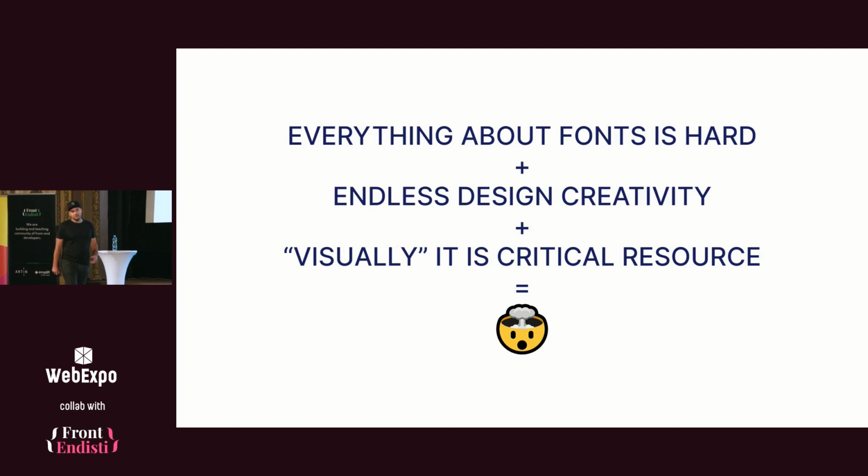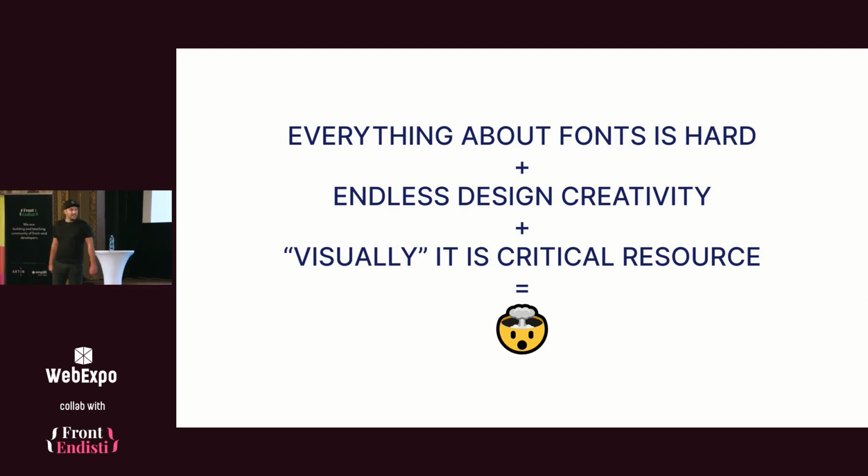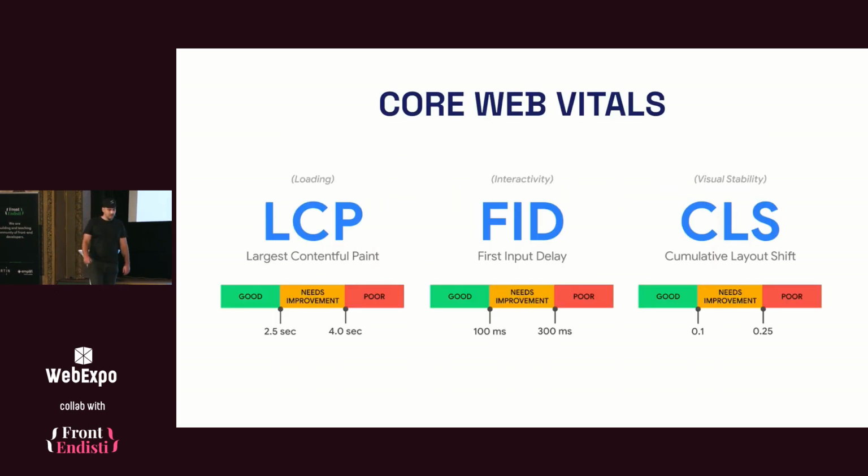And then we have, or designer has, endless creativity, which is changing every day, because we like things smooth and nice. And also, font is somehow visually critical for our brand or design communication. And when we mix these things together, we have big topic what we need to solve, and we want font on our site, some custom font.